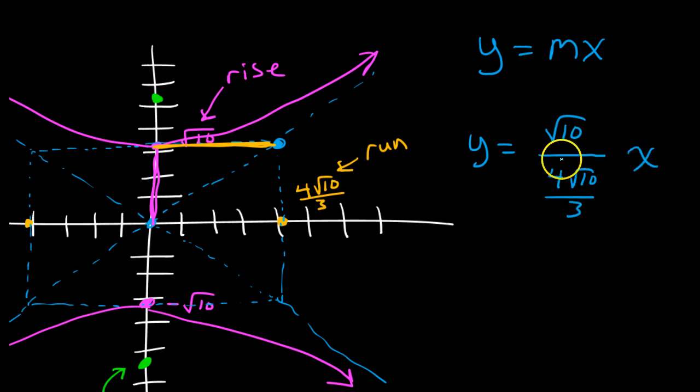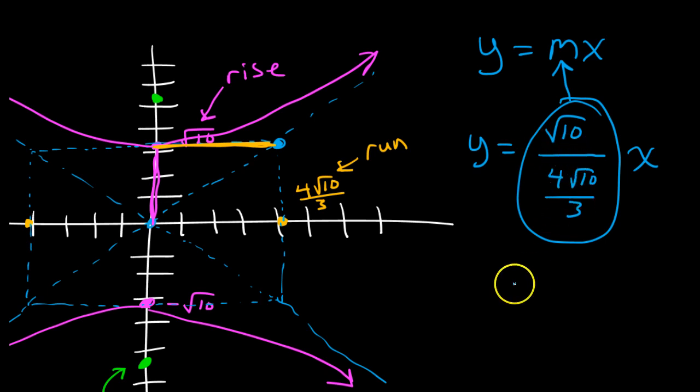Okay, obviously I have to simplify this garbage, alright, but all of this right here, this is my slope. So when you divide with fractions, you multiply by the reciprocal. So I'm going to do radical 10 times, okay, and I'm multiplying by the reciprocal. So this will be 3 over 4 radical 10.